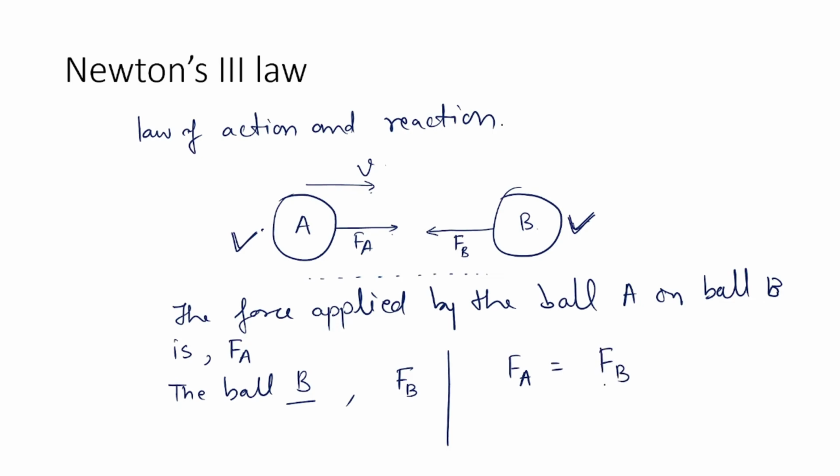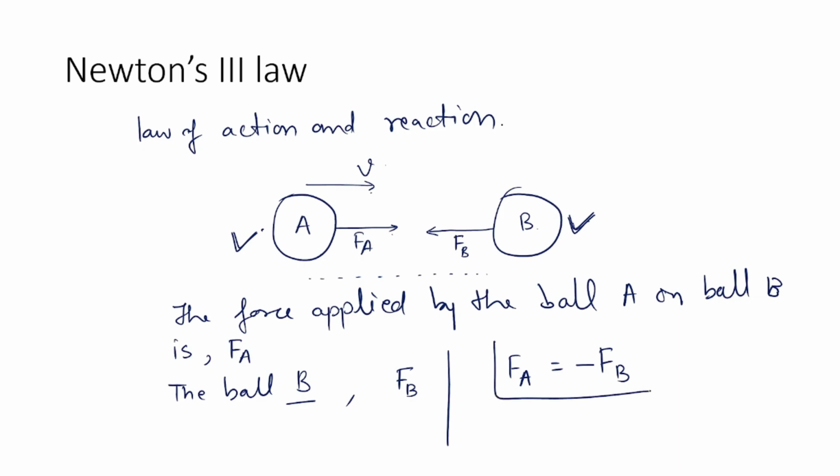And one more important thing you need to add, FB will be opposite to FA. It means if FA is acting towards left, FB will act towards the right. If FA acts towards the right, FB will act towards the left.